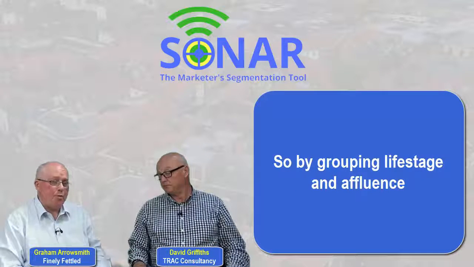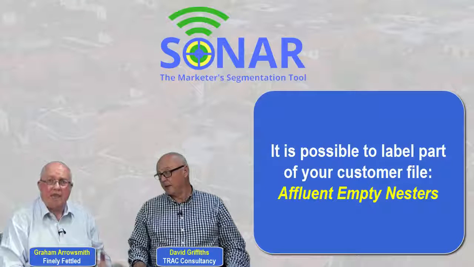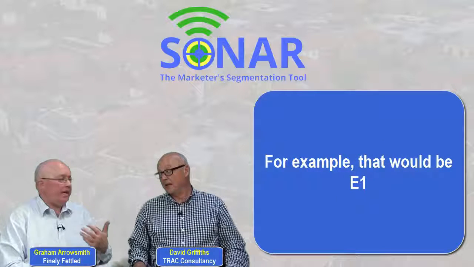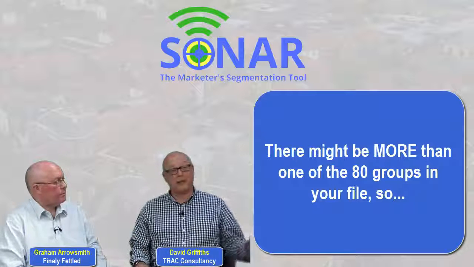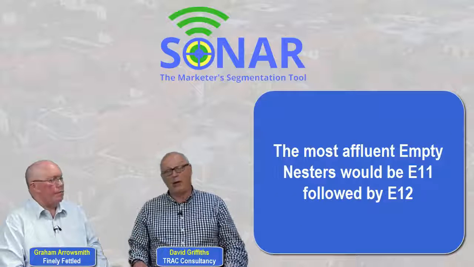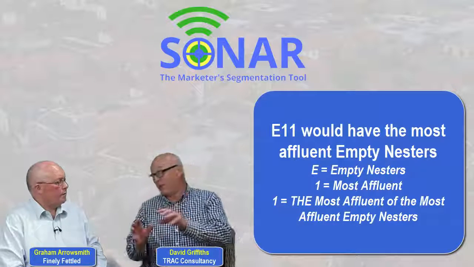So by grouping those together, it's possible to have E empty nesters who are affluent. So yes, that would be E1. Yes, and there might be more than one of the 80 groups in that. So there would be an E11 and then there would be an E12. There might be 3 or 4. Right. And broadly speaking, E11 I would try and make the most affluent within it.